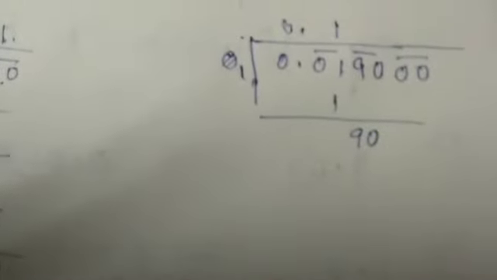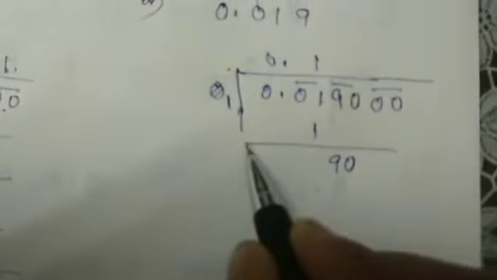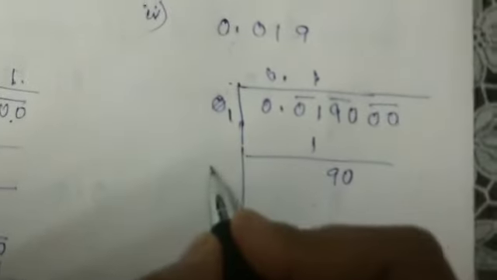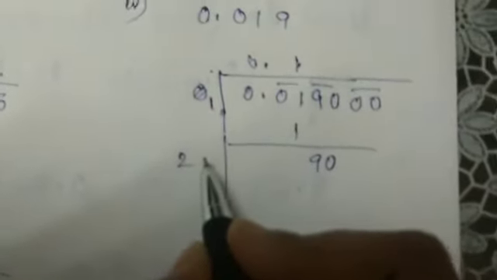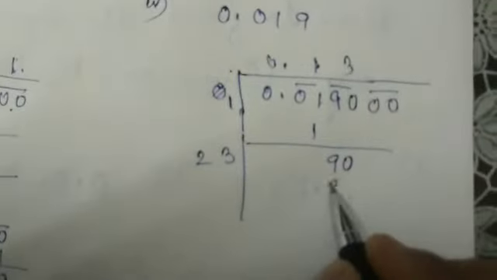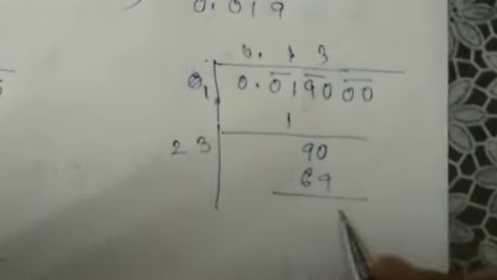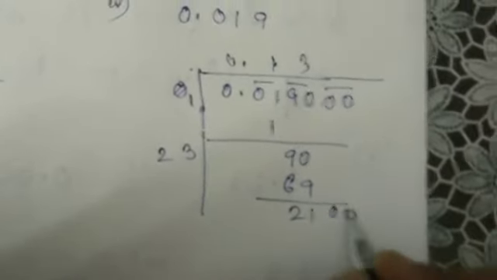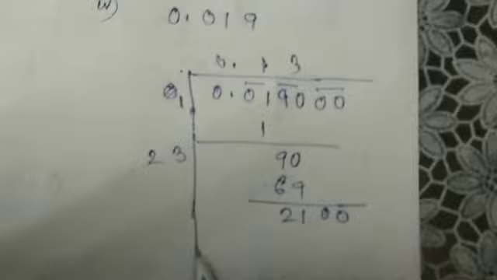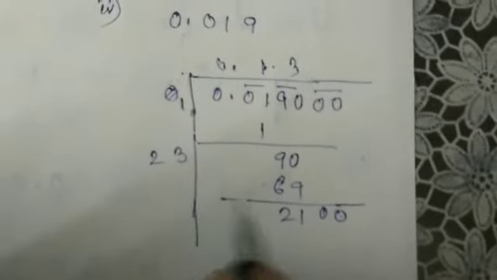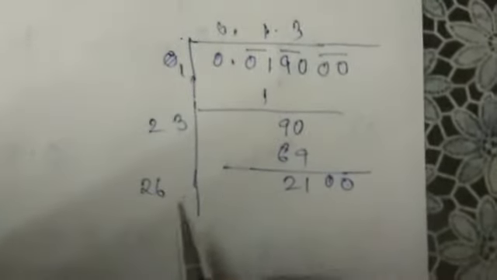then 90 comes down. Okay, and for 90, this 1 2s are 2, and we need to place 3, so it gives you 69. Then here it comes 21 and 2 zeros comes down, that this pair 13 you need to make twice, 13 2s are 26.